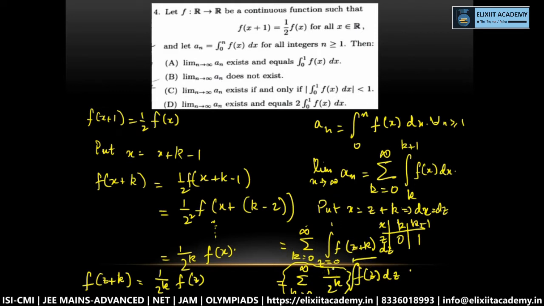And what is the sum of this? 1 upon 1 minus half, so that's 1 upon half, and that is 2. So this is basically 2 into integration 0 to 1 f of z dz.